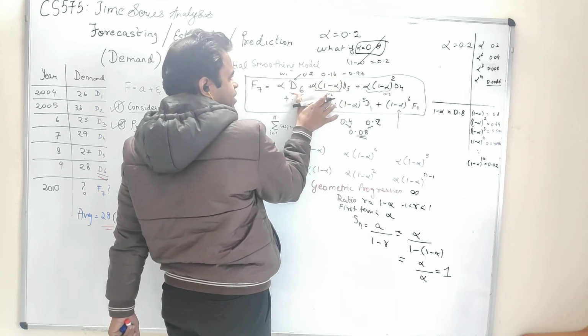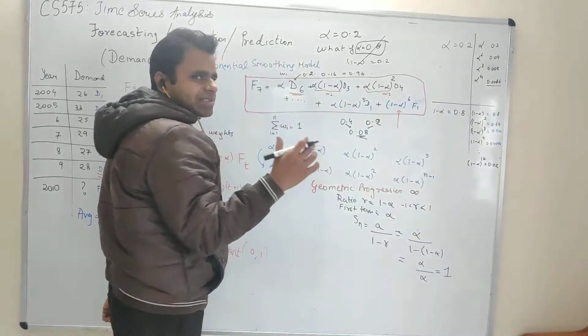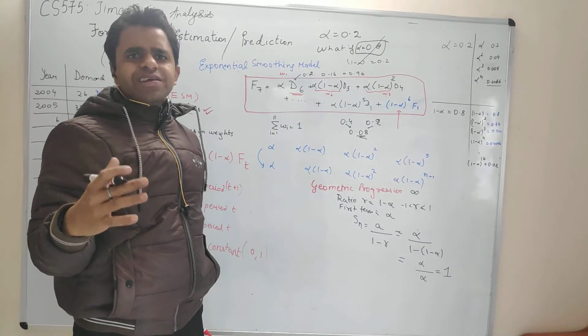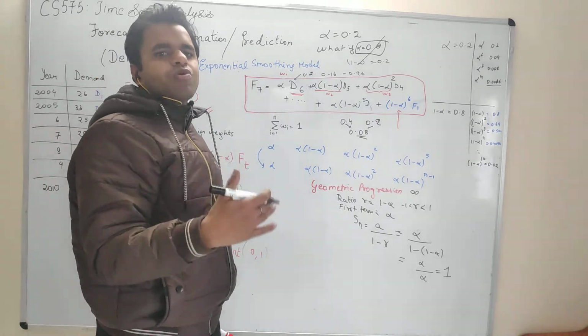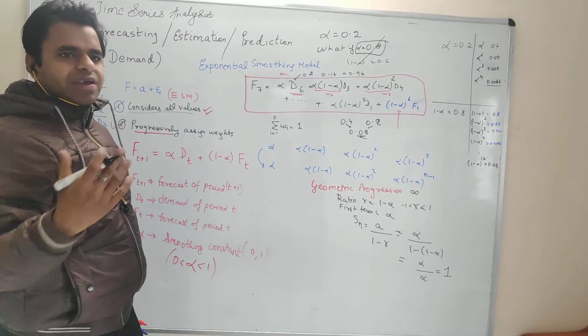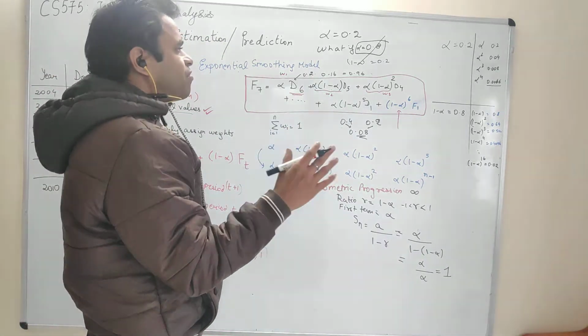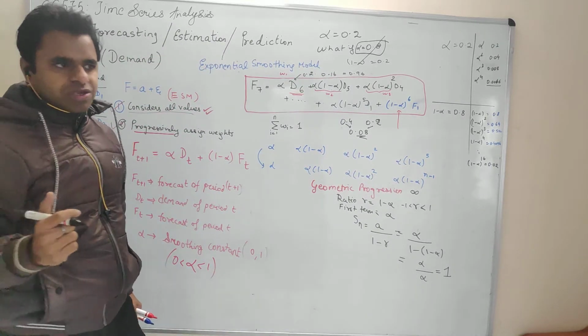So now you can see these both are only contributing 36%, which is still less than 50%, right? So you get a smoother and a better forecasting, right? So this is how the value of alpha has an effect on the final weightage.